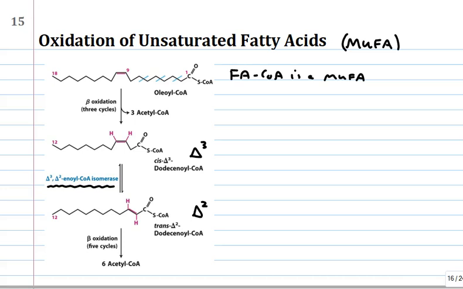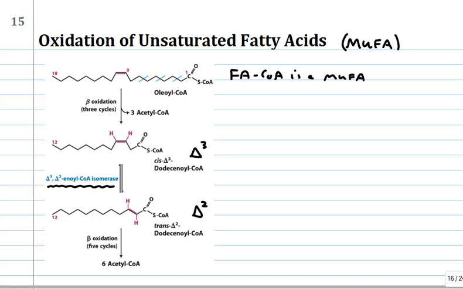This trans delta 2 should look very familiar to you because that's the normal intermediate in the breakdown of a fatty acid. And then once you do this, beta oxidation proceeds normally. So again, you're still going to release all the carbons. You're still going to get acetyl CoA made from oleoyl CoA.